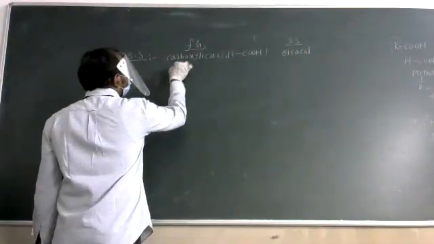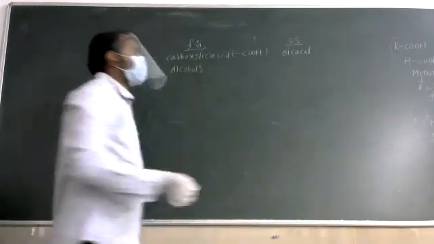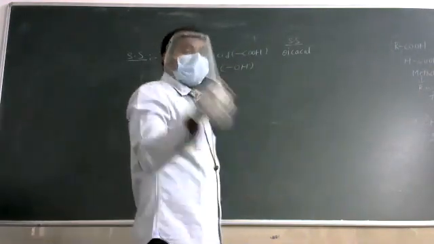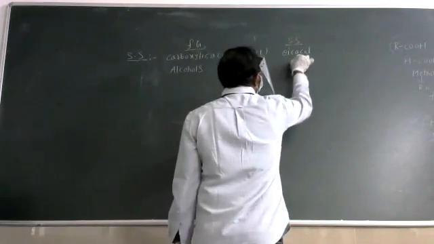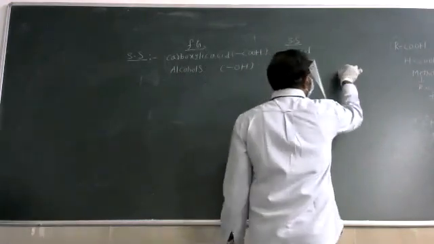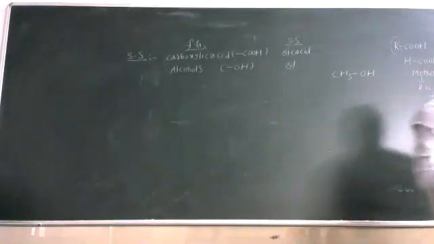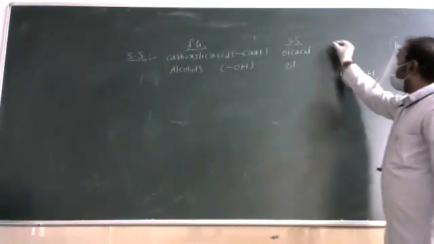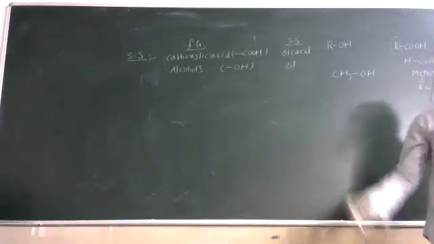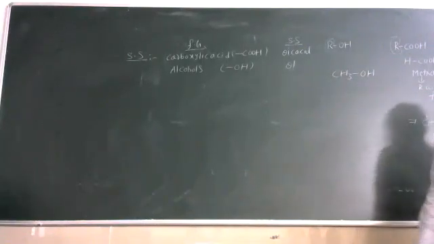Then, an important functional group: alcohols. What is the formula? OH. So for alcohol, what is the secondary suffix? O. The first alcohol is CH3OH. Alcohols are denoted by ROH, where R is nothing but an alkyl group, methyl, ethyl, propyl, whatever.